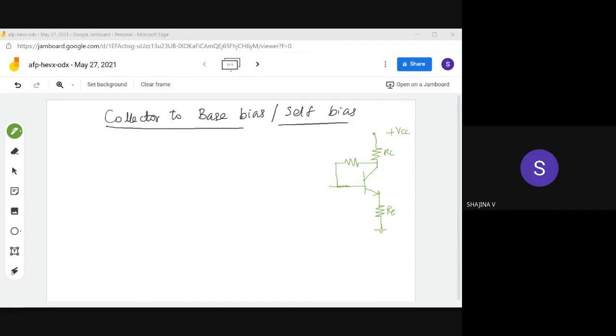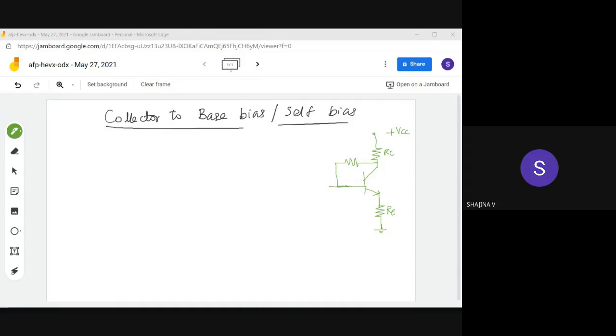Okay. For this, I am just modifying this equation like this: VCC minus IC plus IB into RC minus IB RB minus VBE. I am substituting IE is equal to IB plus IC, into RE equal to 0. Now differentiate this equation with respect to IC.